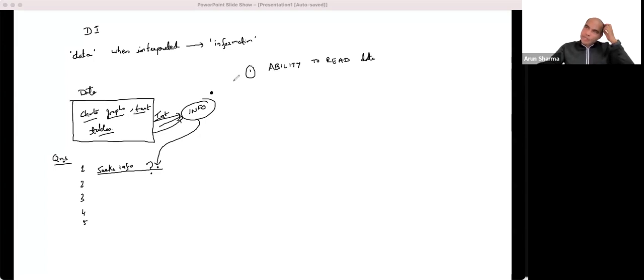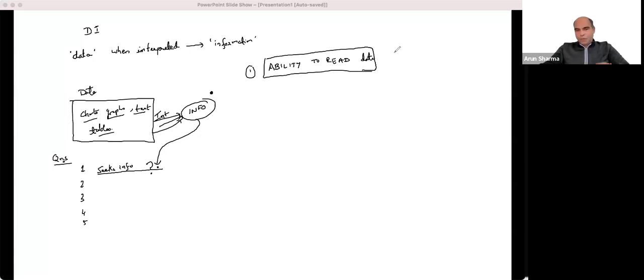The ability to read data is the first and foremost prerequisite. Of course, at your level, at the graduate level, you really do not need much help in understanding how to read a pie chart or a bar chart, right?